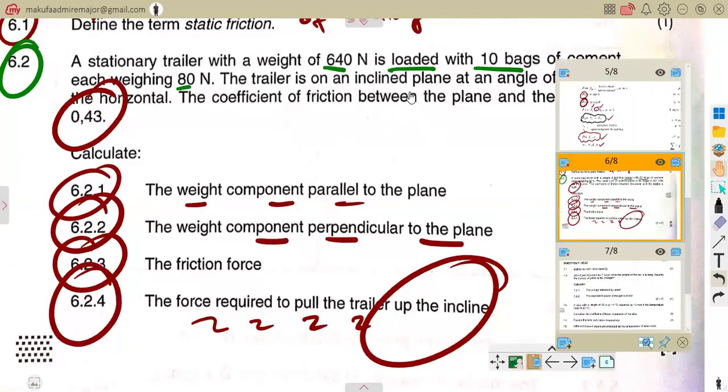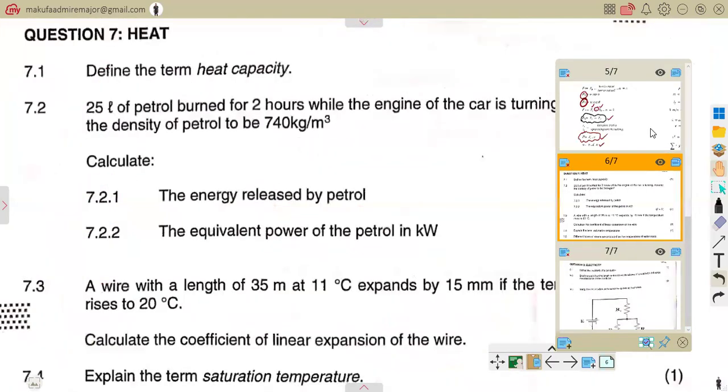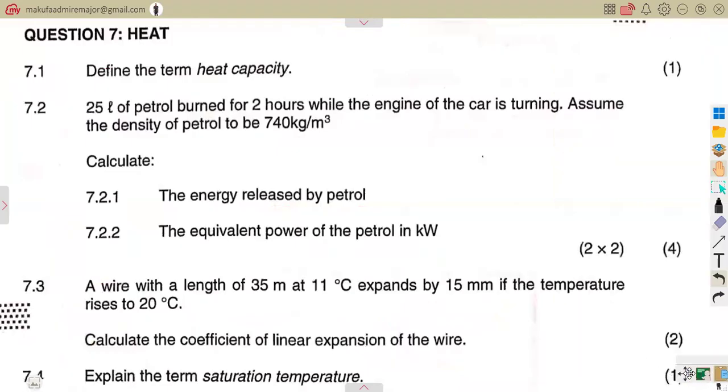Otherwise, you're going to use that as the weight of the trailer only, which is wrong. Unless you are told that when it is empty, to make calculations when it is empty, there you use the information the way that it is given. In this case, you are going to use that information as it is.